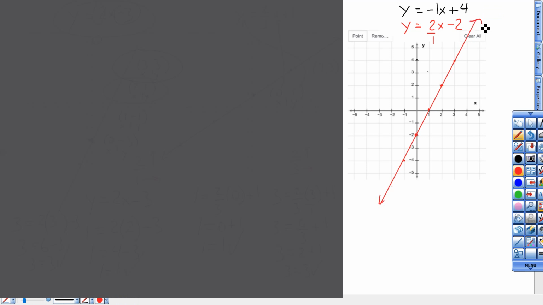Graph the other equation in black. Go up to +4 on the y-axis. Look at that number in front of x, which is -1 made into a fraction over 1. Means from that starting point of +4, right 1, down 1, right 1, down 1, right 1, down 1.